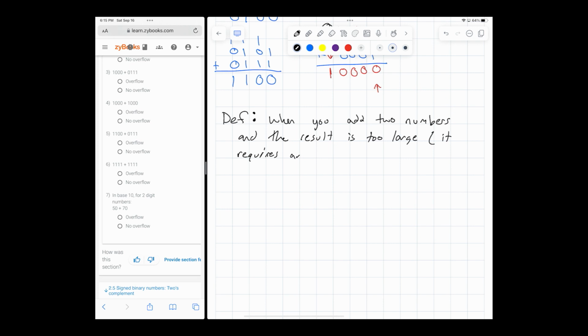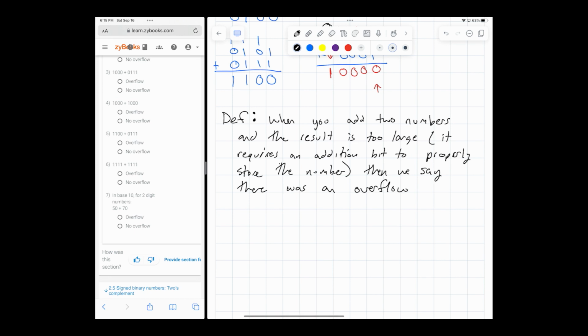Requires an additional bit to properly store the number. Then we say there was an overflow.